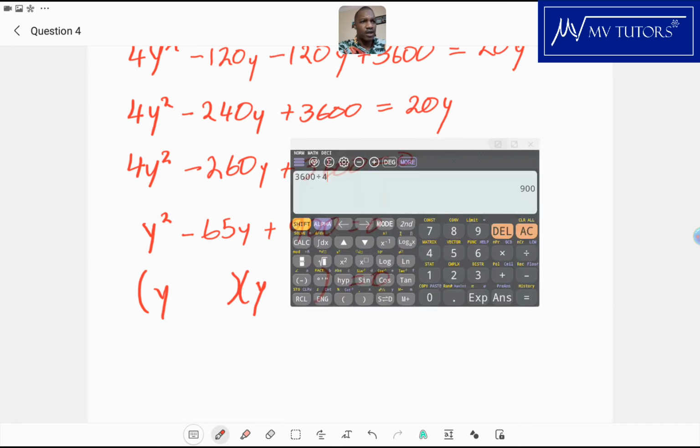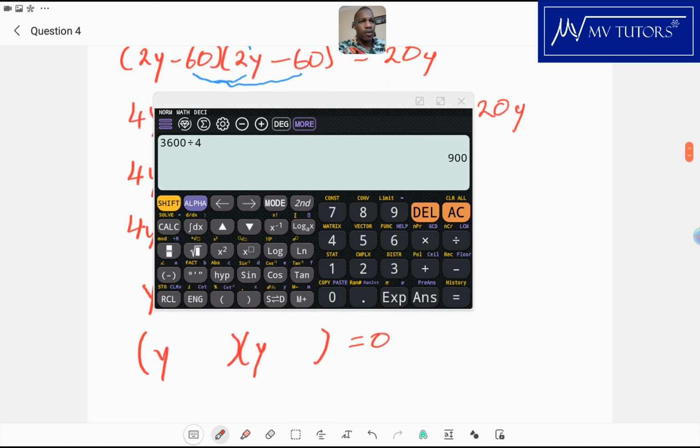So let's bring out our calculator once again. Let's say 900 divided by 20 is 45. Okay, so I will take 45 and 20, because 45 times 20 is 900, right?